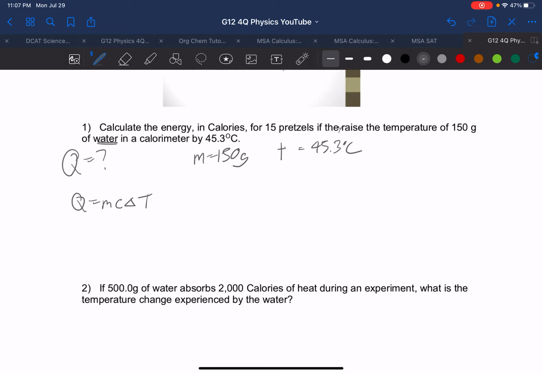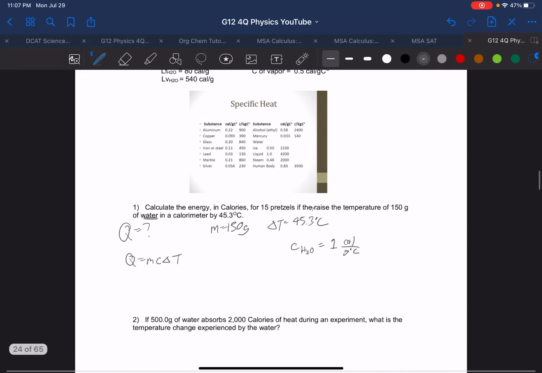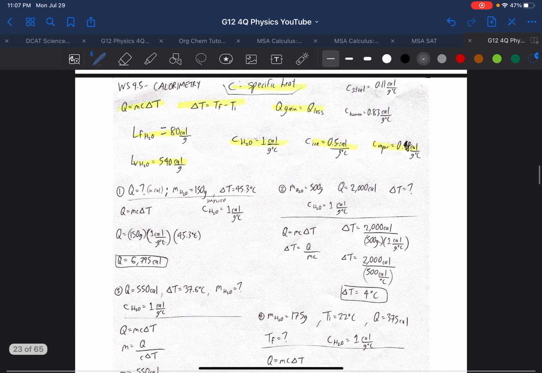So what we're talking about is water. So how do we know the C value? So C, specific heat of water, we know that it's 1. What's the unit again? Calories over grams times degrees Celsius, I believe. I believe 45.3 is already the delta T. Is it?